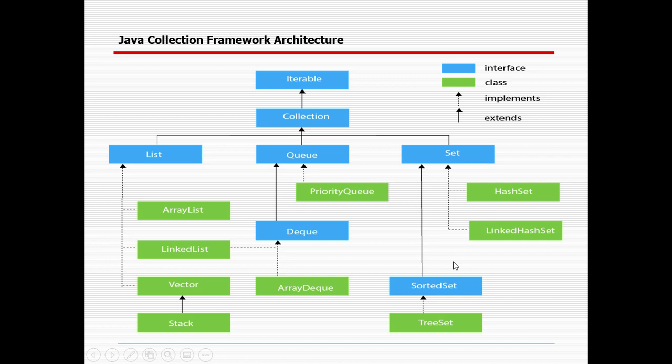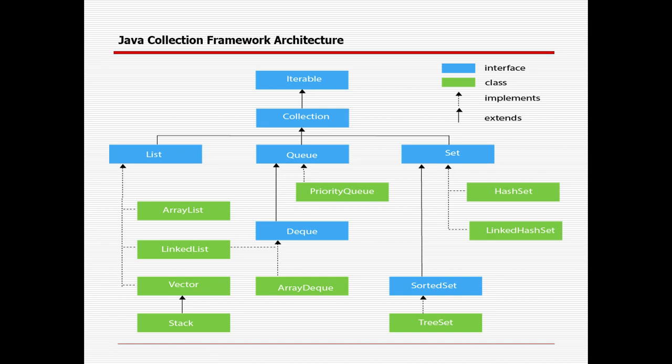Sorted set interface is extending the set interface, whereas set, queue, and list, these different interfaces are extending the collection interface, and the collection interface is extending the iterable interface. So this is the basic diagram you need to remember. If you just remember this, it will give you a very good idea of the collection interface.